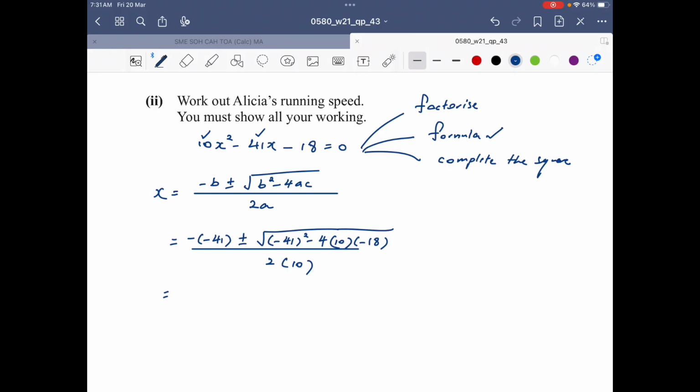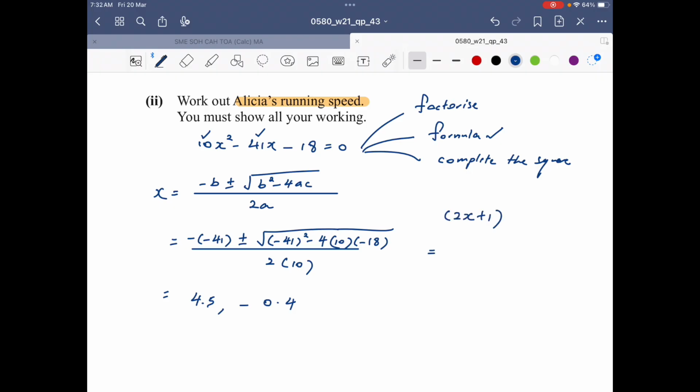From the calculator, you get two answers because there's a plus and there's a minus here. It will be 4.5 followed by negative 0.4 for the value of x. Then we look at the question again. Alicia's running speed will be 2x plus 1 if I remember correctly.